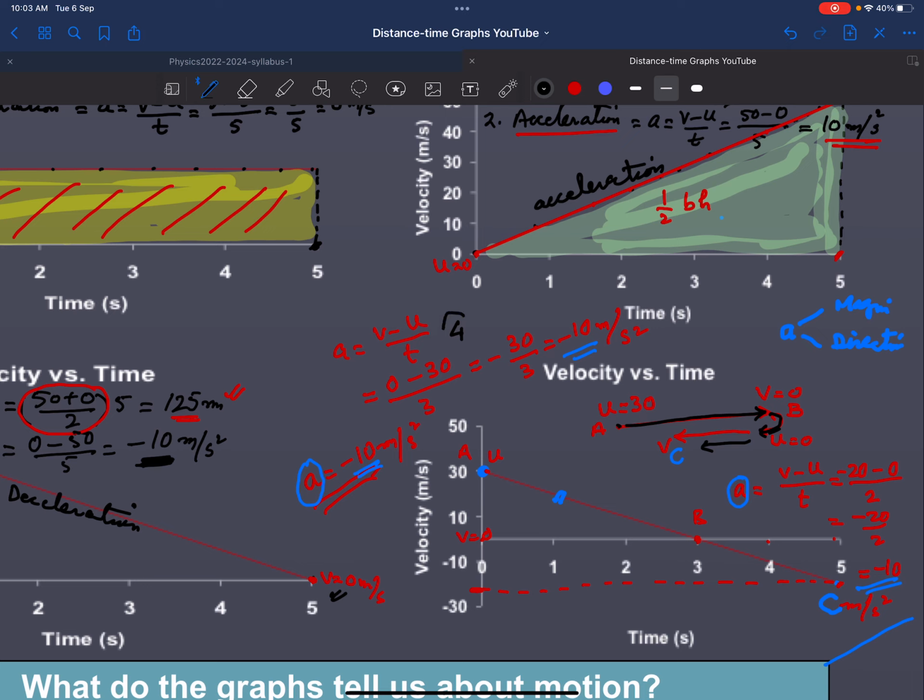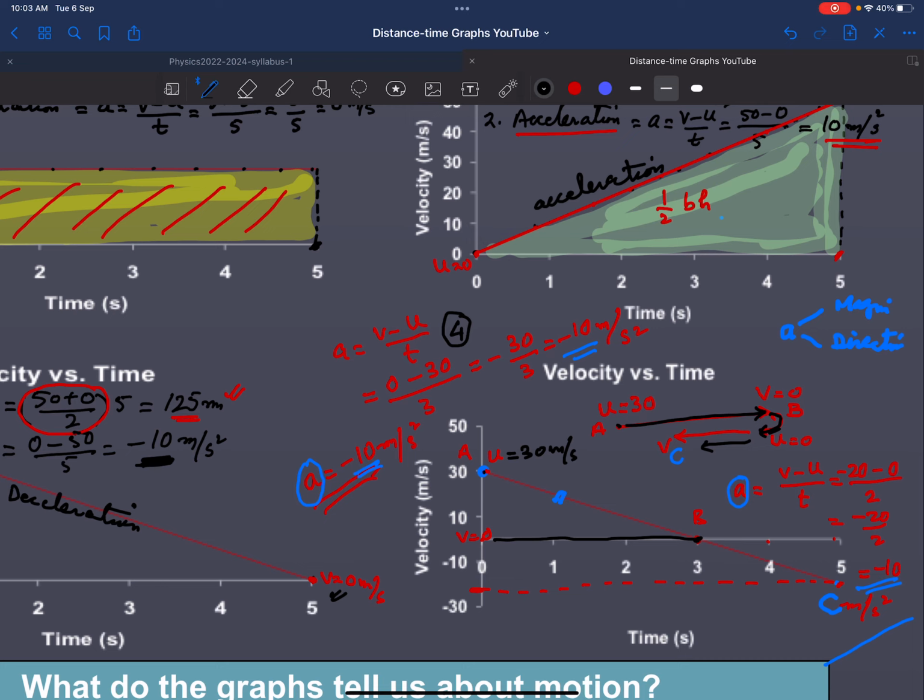With the fourth graph, you can see that the initial velocity is 30 meters per second, and from this you are going, of course, in a particular direction. And what has happened? 3 seconds have passed, and at 3 seconds you find that the velocity becomes 0.